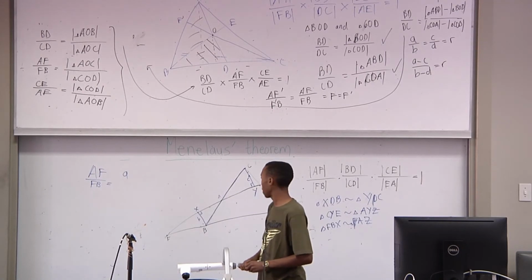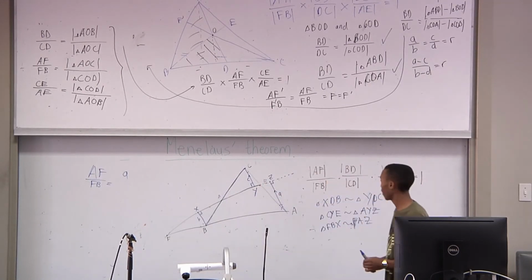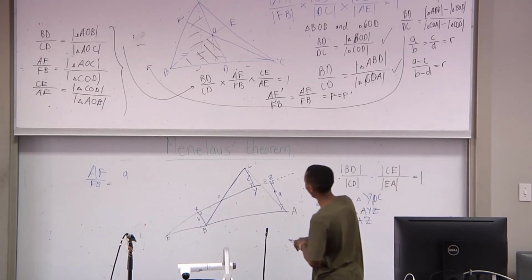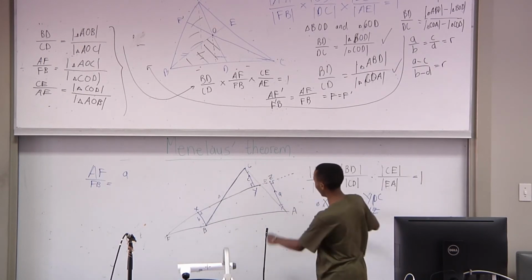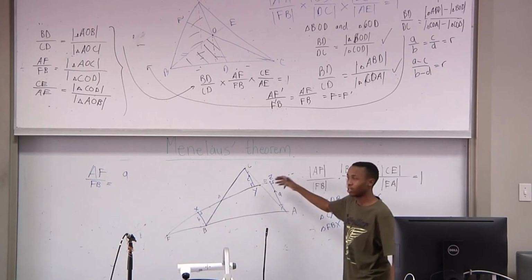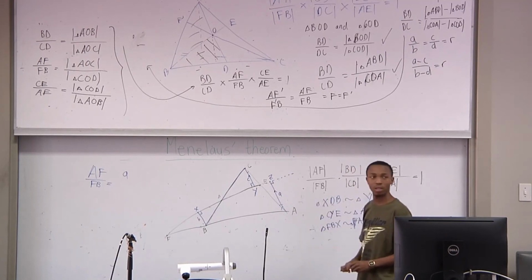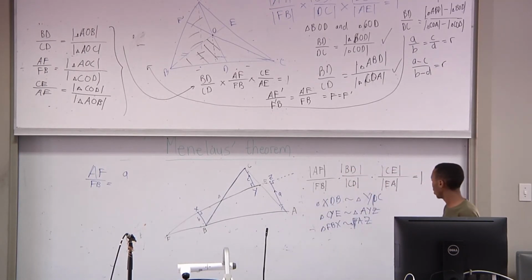On the second line where you wrote this in the triangles, shouldn't it be triangle AYE? For CYE is similar to AYZ. So CYE is similar to triangle AYZ. Yes, that's AZ.